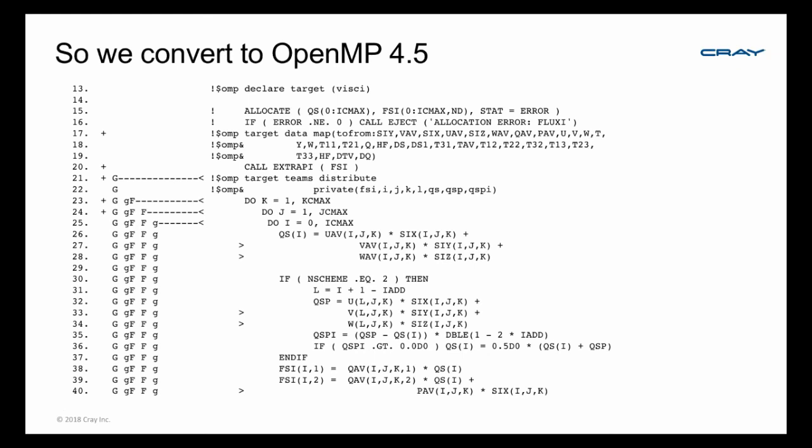But you can see, really, I have the data region, which is now called target data map. I have the target teams distribute, which is like the parallel loop.